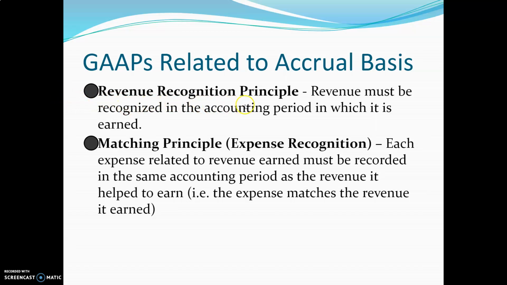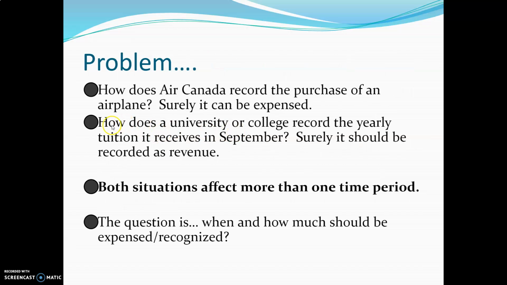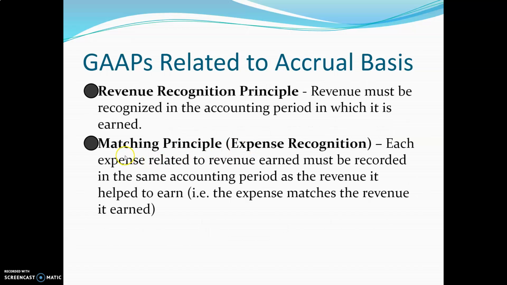The revenue recognition principle states that revenue must be recognized in the accounting period in which it is earned. So if we go back 2 slides, it would be wrong to say for the university that this tuition has been counted as revenue, because it hasn't been earned yet, and it's not earned until they actually provide the service. The matching principle, also known as expense recognition, says each expense related to the revenue must be recorded in the same accounting period as the revenue it helped earn.